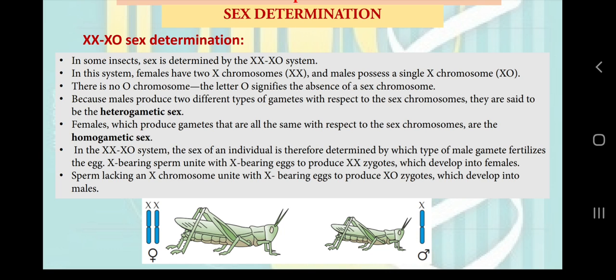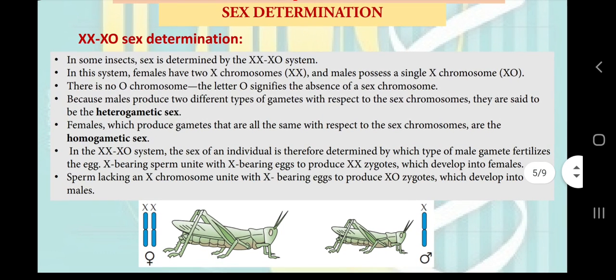So in the case of human beings, the male can be called the heterogametic sex or heterogametic individual. We will discuss this term later also. Because males produce 2 different types of gametes with respect to the sex chromosome, they are said to be the heterogametic sex in this case also.